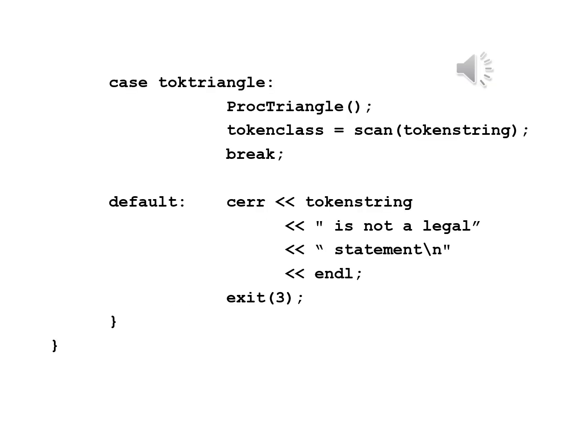The third possibility is that we may have the token for a triangle, and we're going to process based on it being the non-terminal triangle. And afterwards, as before, we're going to scan for the next token. There's also the possibility that what we have as a token is something completely different. And in that case, we print that it's not a legal statement, we return the appropriate error message, and terminate the run of the program.